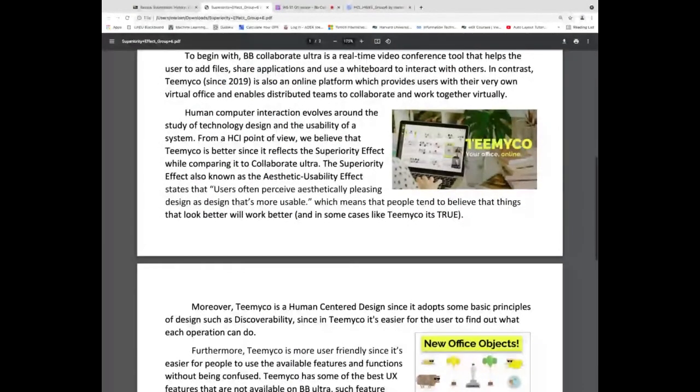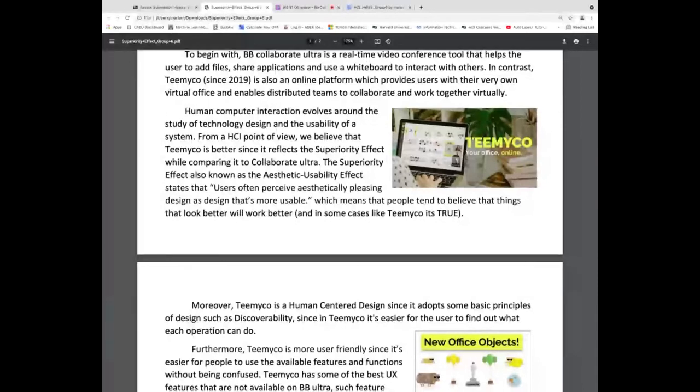Okay, we believe that teemyco has a better reflection of the picture superiority effect than Blackboard Collaborate Ultra, since users tend to believe that things are better the way that they look.